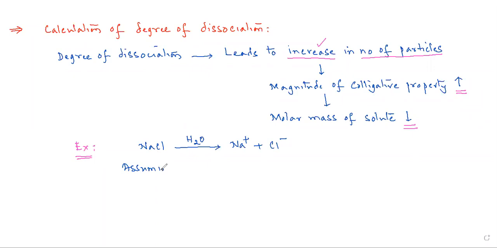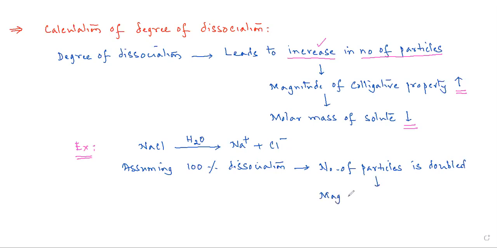Assuming 100% dissociation, we can say that the number of particles is doubled. When the number of particles is doubled, the magnitude of colligative property is also doubled.